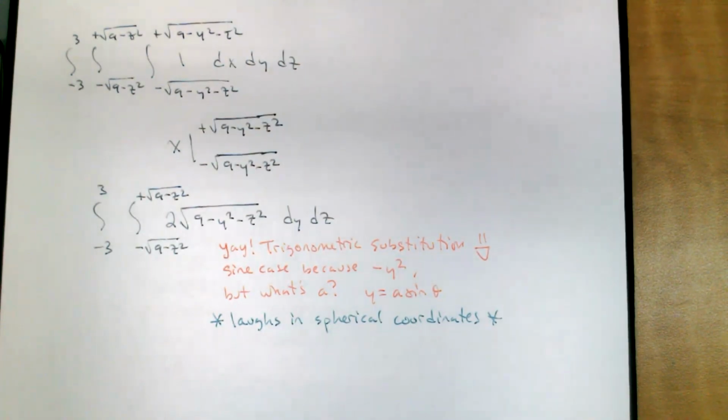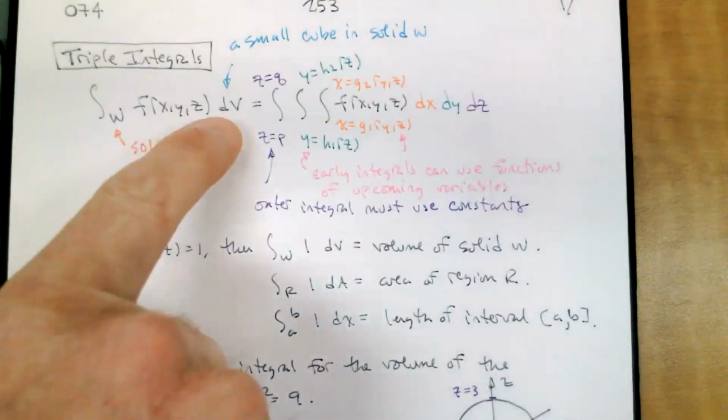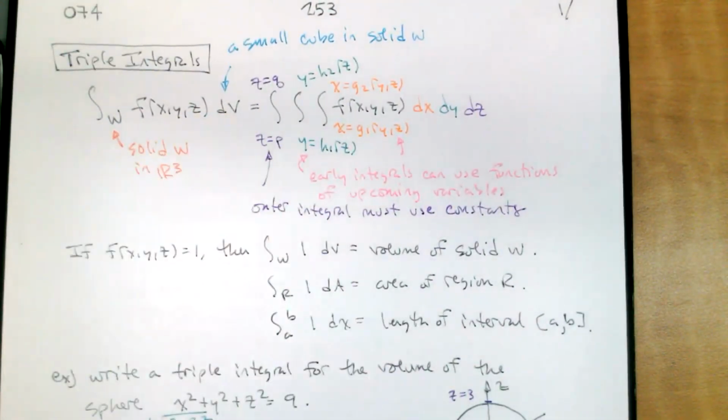This dV factor right here represents a volume. It's the length dx times the length dy times the length dz. It represents a volume. It's a length times a length times a length. So when we start looking at polar coordinates and cylindrical coordinates and spherical coordinates, we start using angles as measurements.